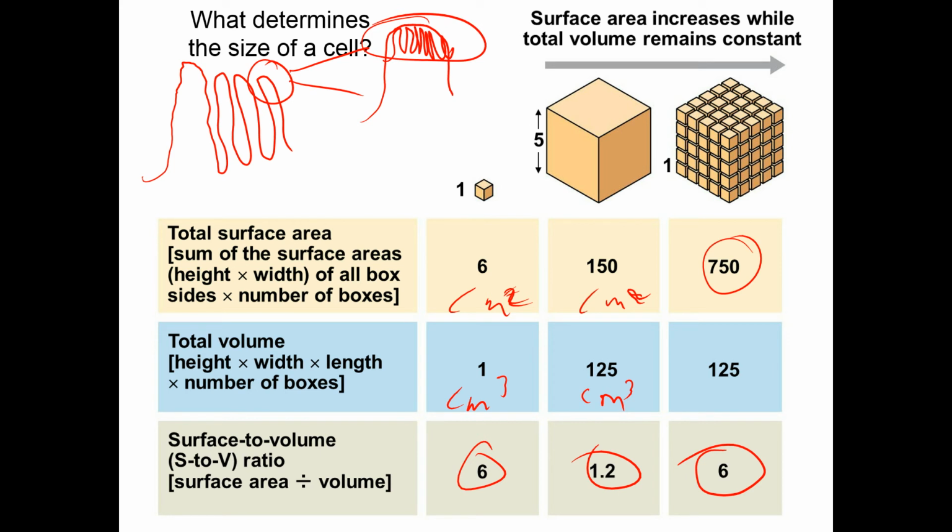You have a greater surface area to volume ratio. There's more places for nutrients to be absorbed. So in this case, even though this cell has the same overall length, width, and depth as the 5 centimeter cube, it has a greater surface area to volume ratio because there's more surface area exposed to the outside environment.